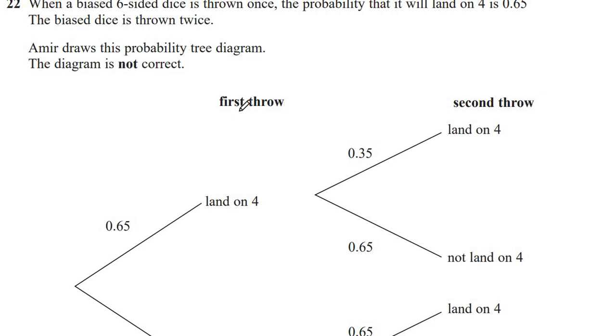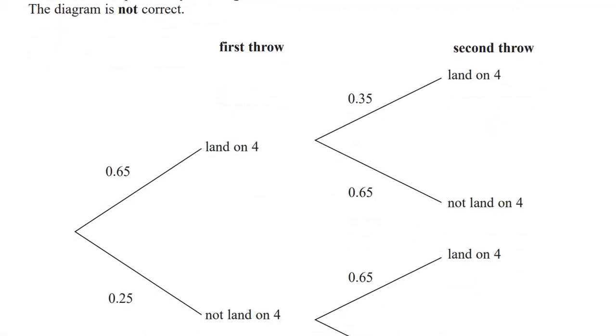So this is the first throw, and for the first throw, if this is 0.65 to land on 4, the probability of not landing on 4 needs to be 1 minus 0.65.